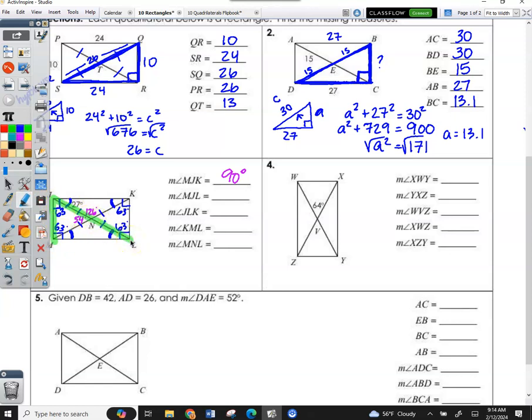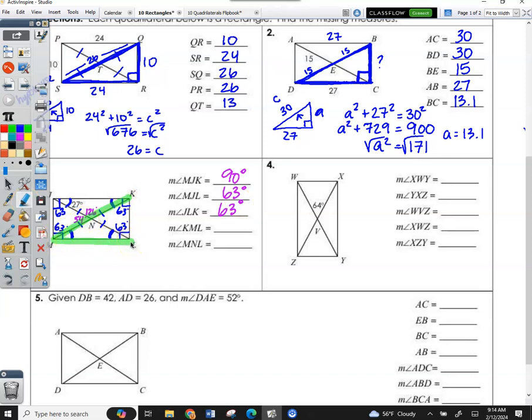Now we have MJL. We already found it. It's what? 63. Now we have JLK. We already found it. It's 63. KML. 27.